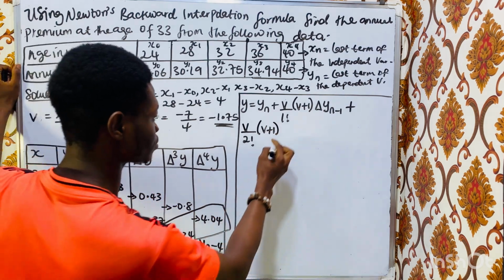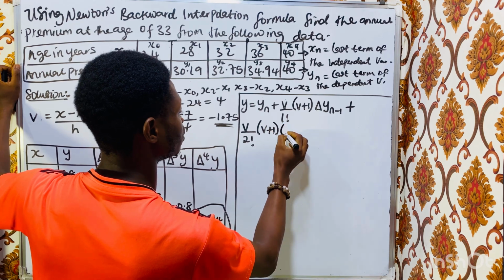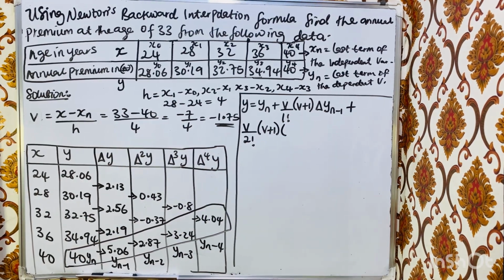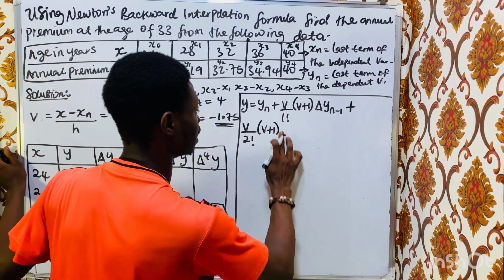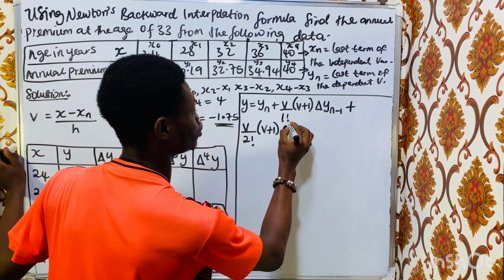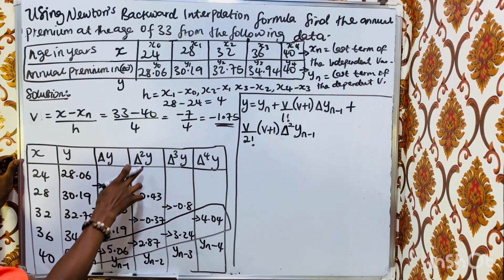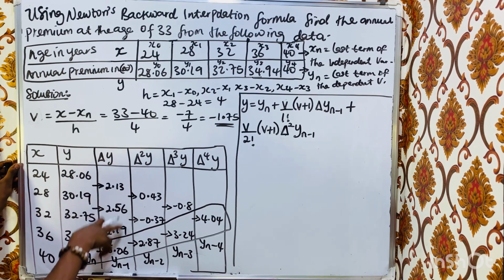then v plus 1, I hope you can see it from there, then v plus 1, then delta squared y sub n minus 2.